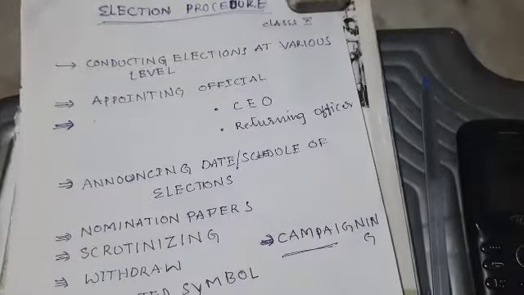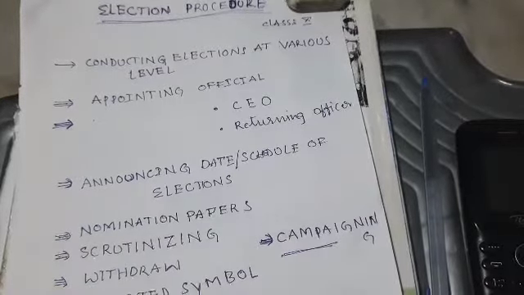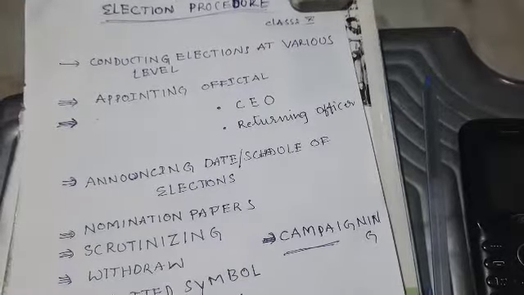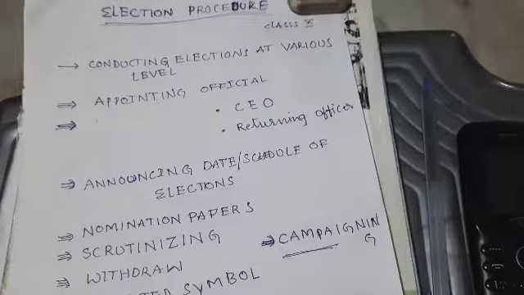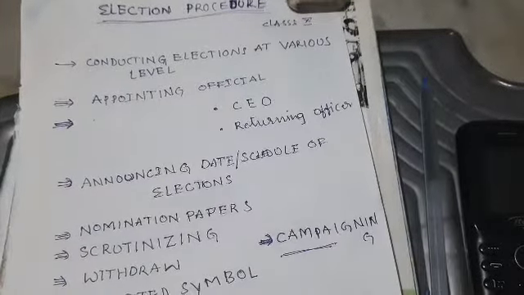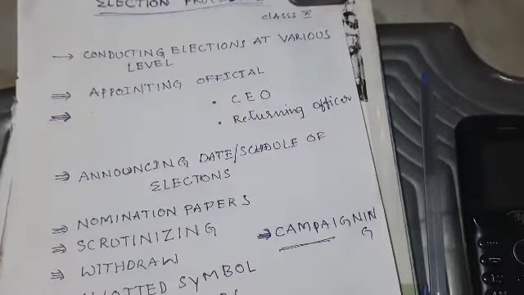That means the presiding officer is at the polling station level, the returning officer is at the constituency level, and the district collector is at district level. These officials are appointed, and they look after the elections at their levels.